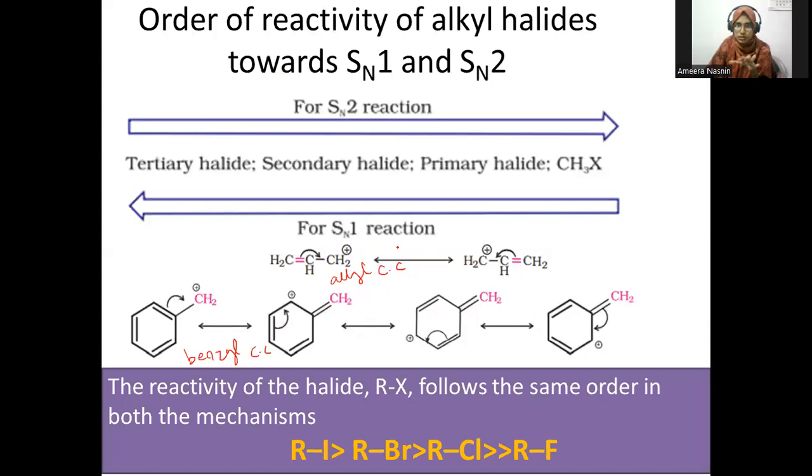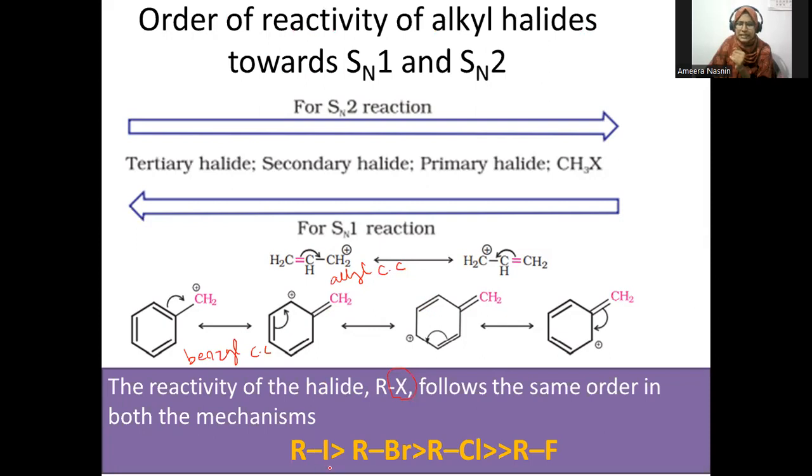This is all with respect to the alkyl group. If we consider the halide part of the substrate, the RX part, in both SN1 and SN2 the same order is followed, where RI is more reactive than RBr, which is more reactive than RCl, which is much faster than the RF molecule.